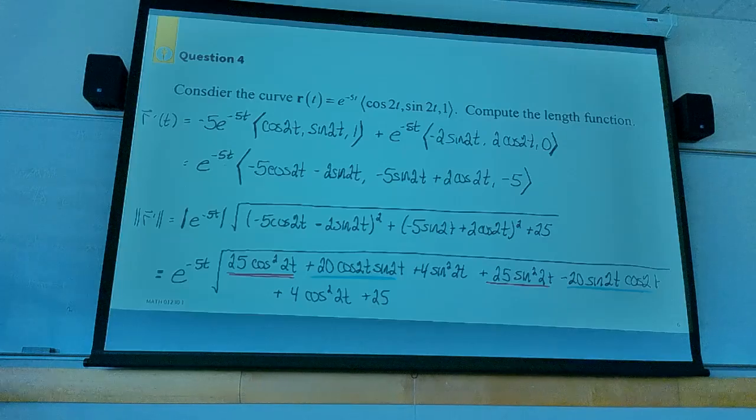Okay, that's nice. What about those two terms in the green? 4. 25 plus 4 plus 25. 54. Square root of 54. It's 3 root 6.